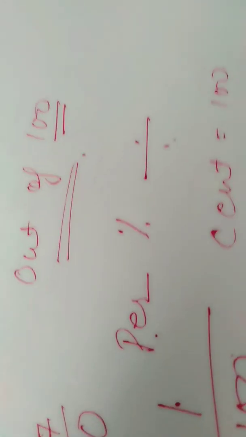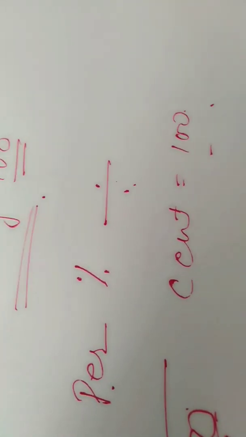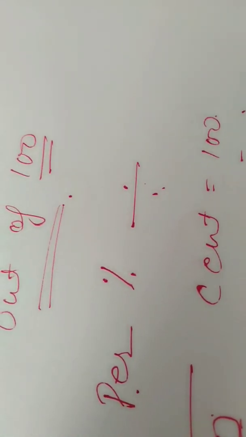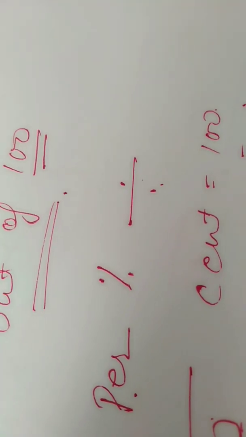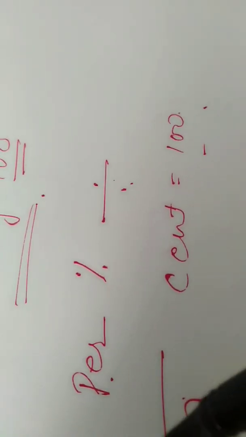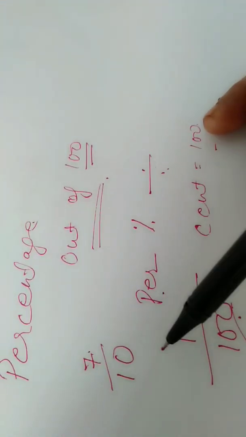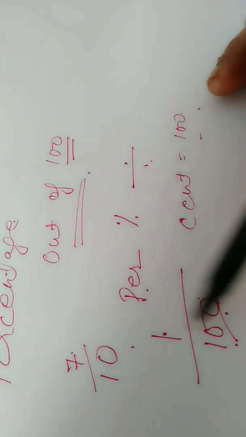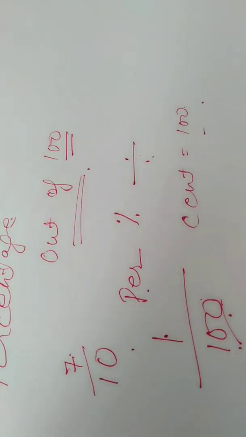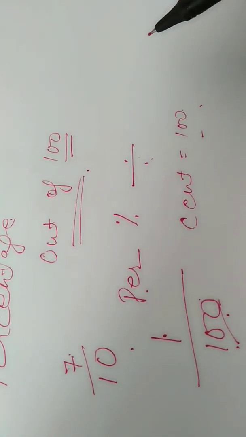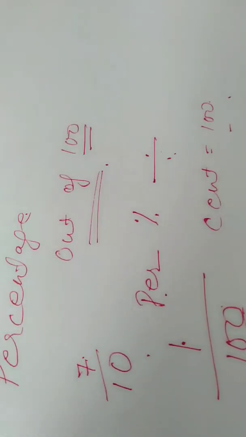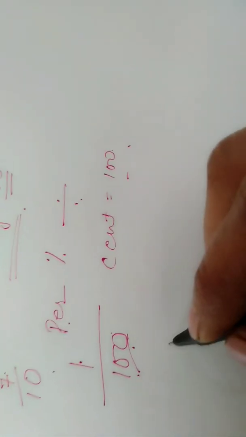So 1 upon 100 means percent: 1%, 2%, 3%, 4%, 5%. Likewise, this means out of 100 this much. So when we got 7 out of 10, we can find out how much we'll get out of 100.